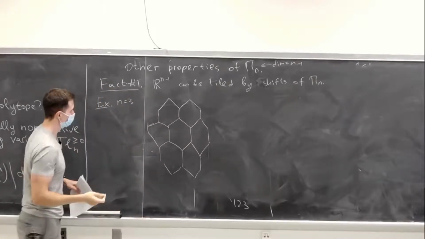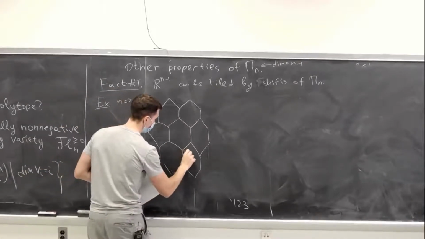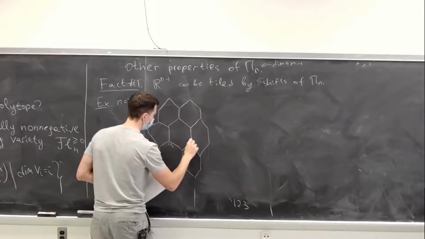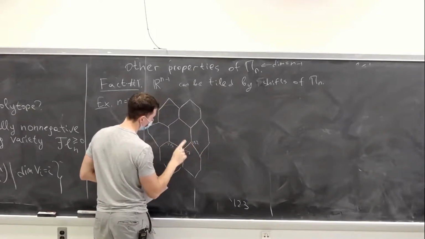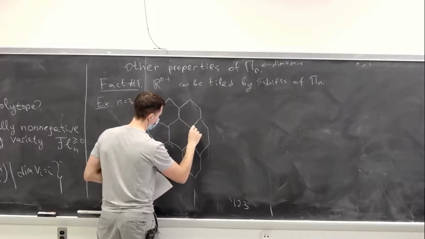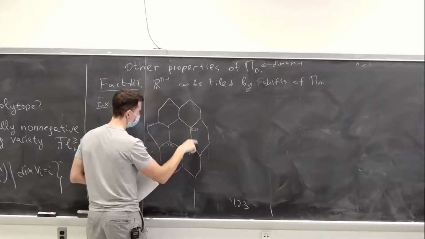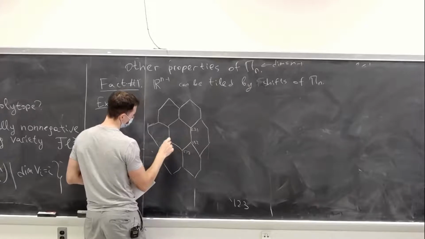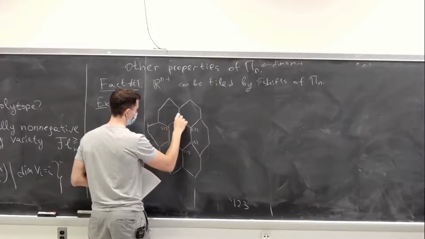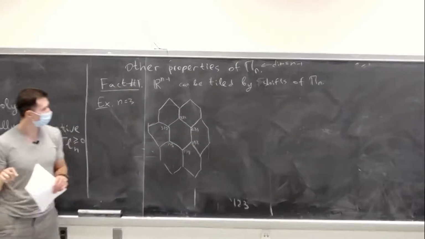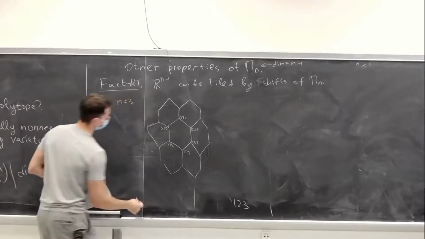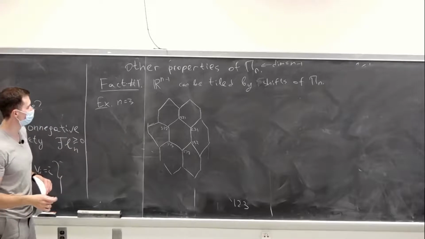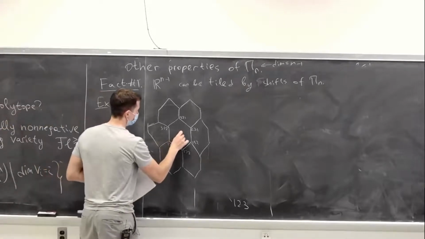Etc. And we have these coordinates: 1, 2, 3, 2, 1, 3, 1, 3, 2, and then I should label them by inverses. Sorry, I want to label them by actual coordinates: 3, 1, 2, 3, 2, 1. Okay, so of course this is what happens in 2 dimensions.